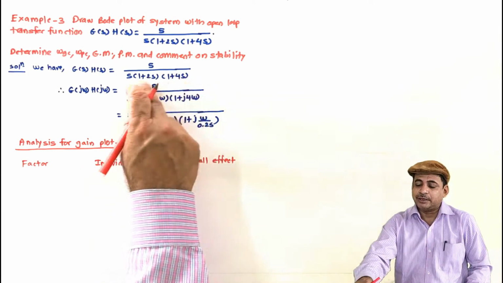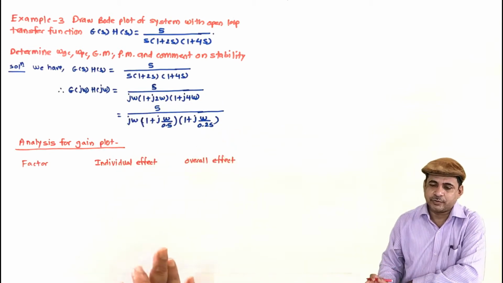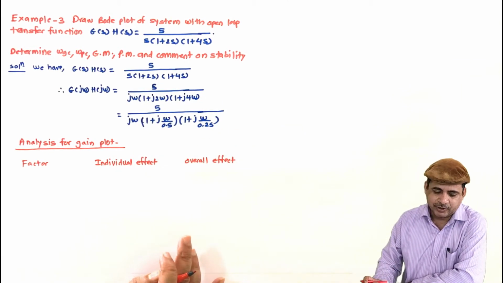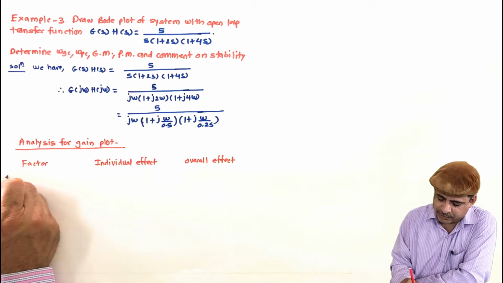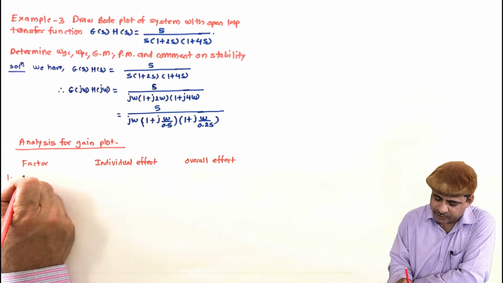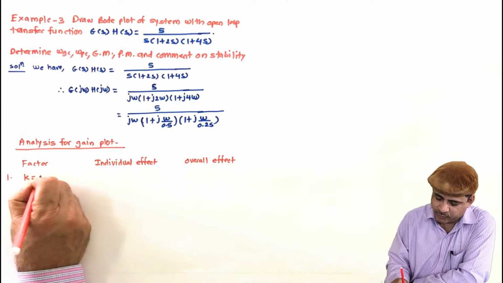Here we need to alter the sequence, because the sequence shall always be in ascending order of the frequencies. So first the gain factor K equal to 5.